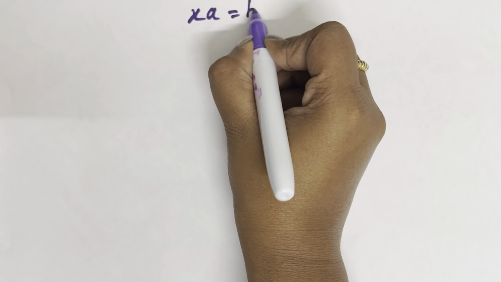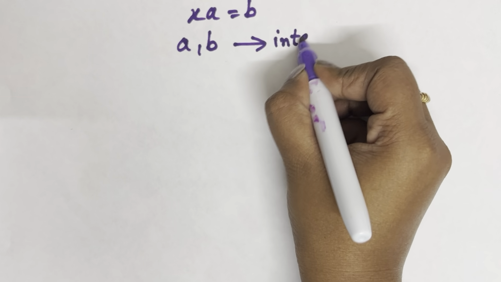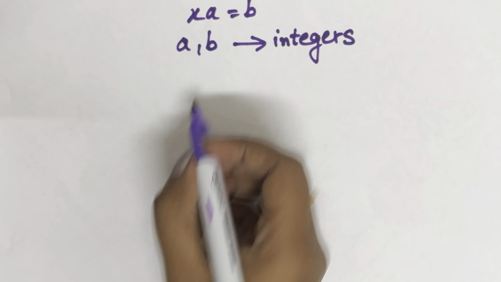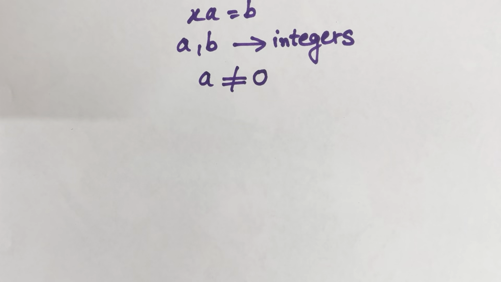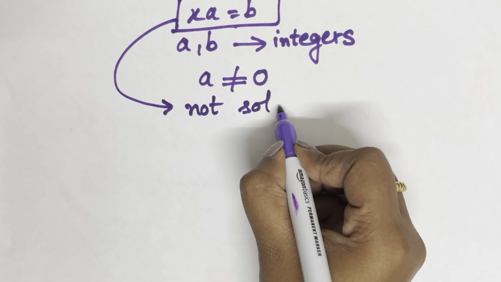Now let's take another example. The next equation will be x into a equals b, where a, b are integers and a is not equal to 0. This equation will also not be solvable for integers.